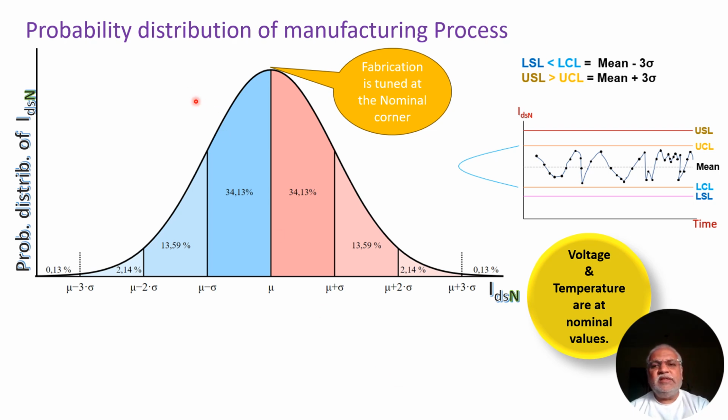In the later small geometry nodes, these OCV derates, on-chip variation derates, became slightly more cumbersome, and they resulted in more area and power.